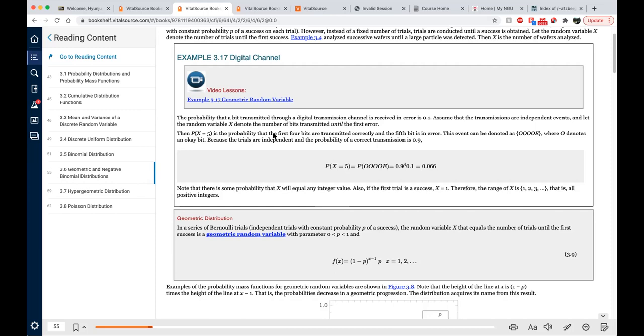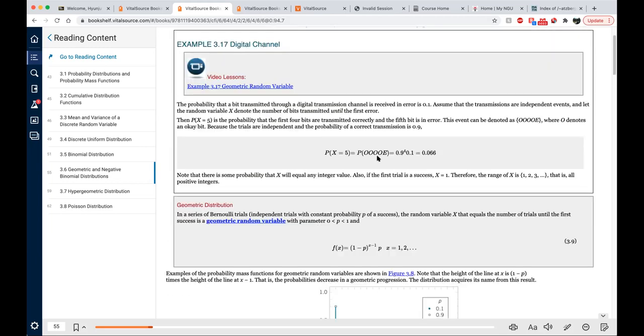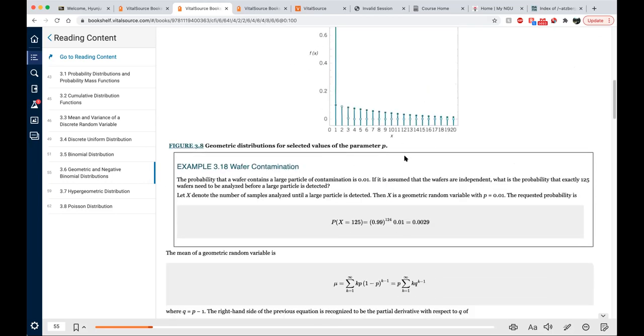So this is the probability the first 4 bits are transmitted correctly, and the fifth bit is in error. The probability of not an error is 0.9, so 0.9 times 0.9 times 0.9 times 0.9, times 0.1. So it's not a big deal, right?